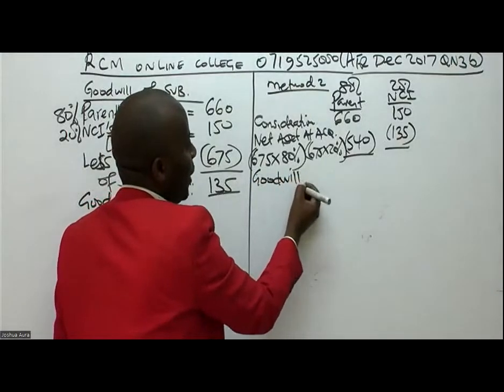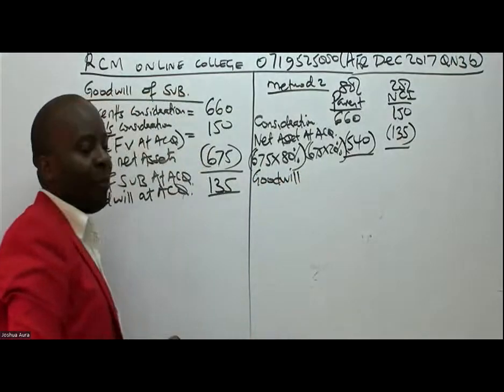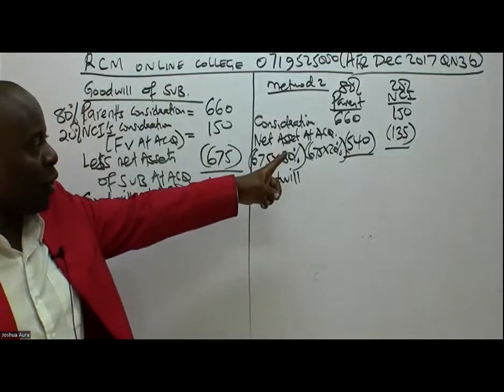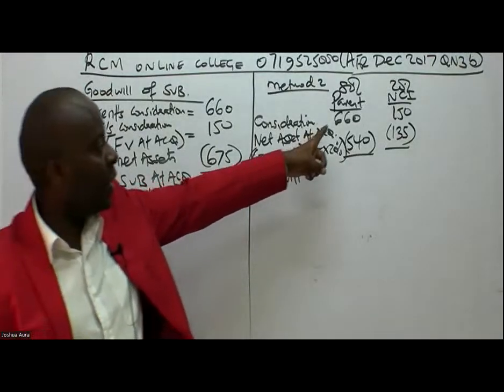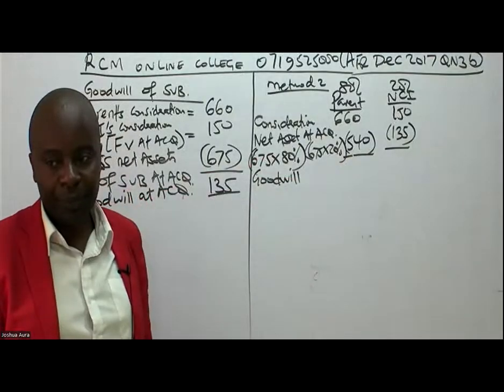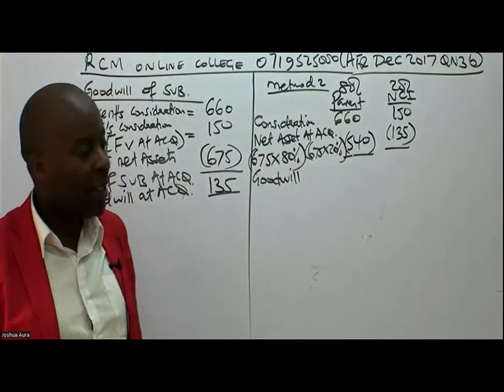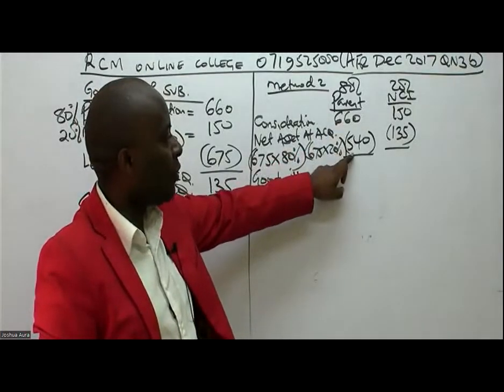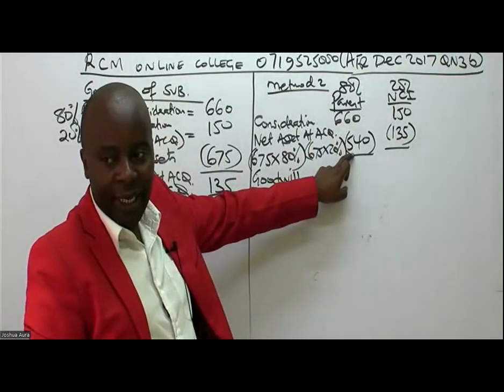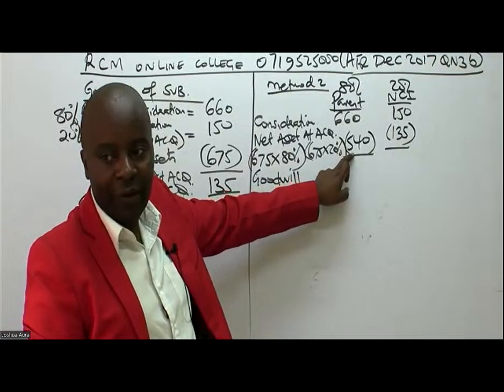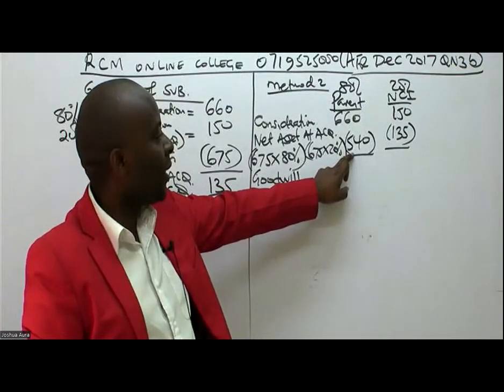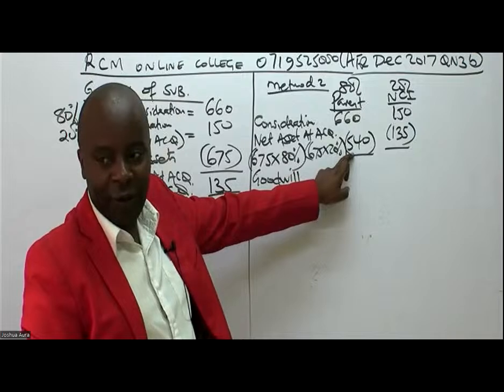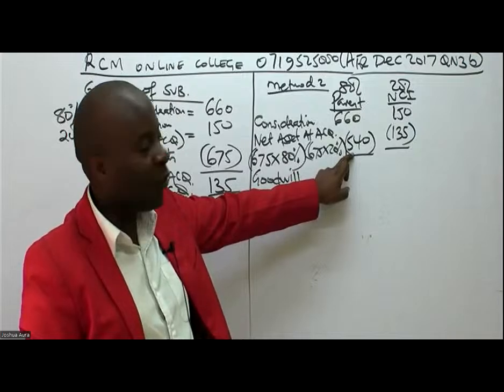If you do that, then you'll be able to give us the goodwill for the parent. Goodwill for the parent, I'll take the consideration minus this. Is it 525?